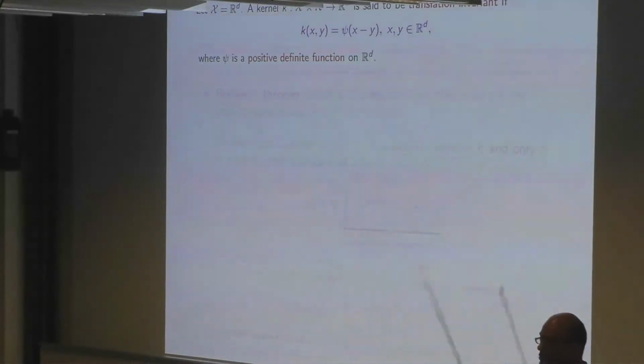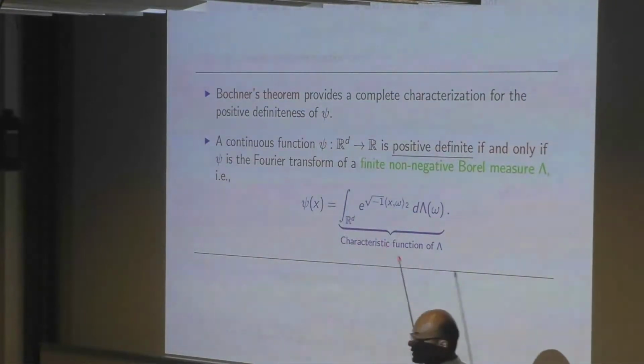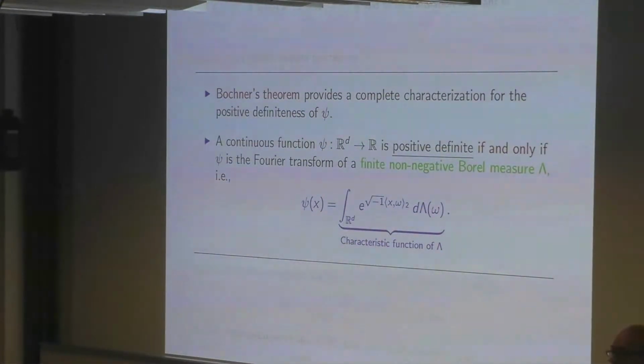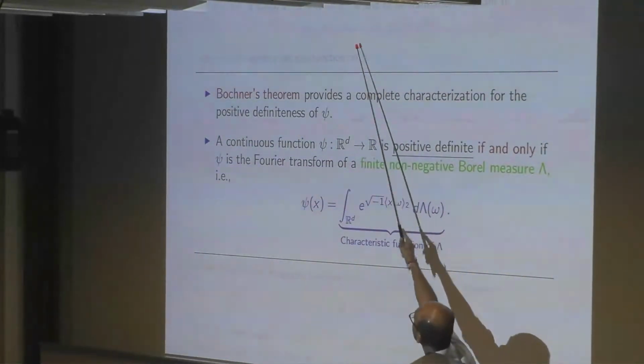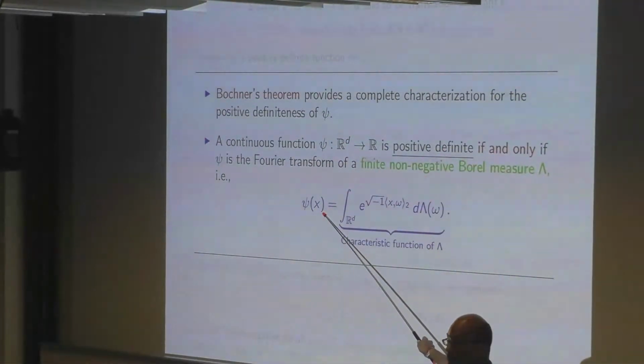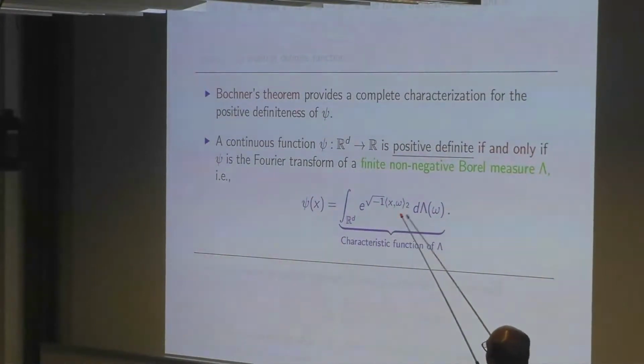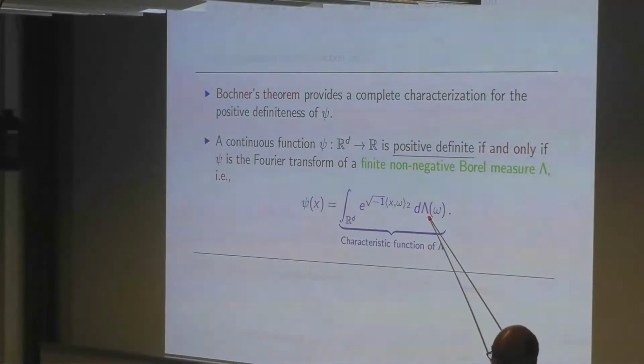For this class of functions, there is a beautiful result by Bochner, which gives you a complete characterization for positive definiteness of translation invariant kernels on R^d. What this result says is, if I have a function c on R^d, it is positive definite if and only if I can write it as a Fourier transform of a finite positive measure.